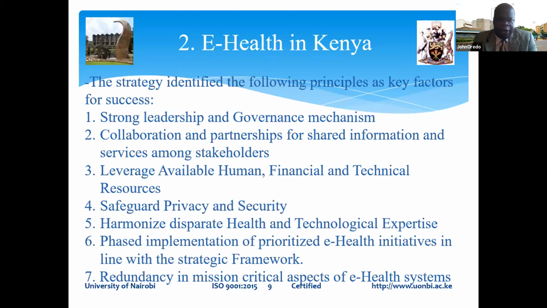Leverage available human, financial, and technical resources. Safeguard privacy and security, and that is key. Then harmonize disparate health and technological expertise. What that number 5 is saying is that healthcare professionals and experts should work together hand in hand with experts in technology so that they synergize their expertise to develop and create these e-health systems.